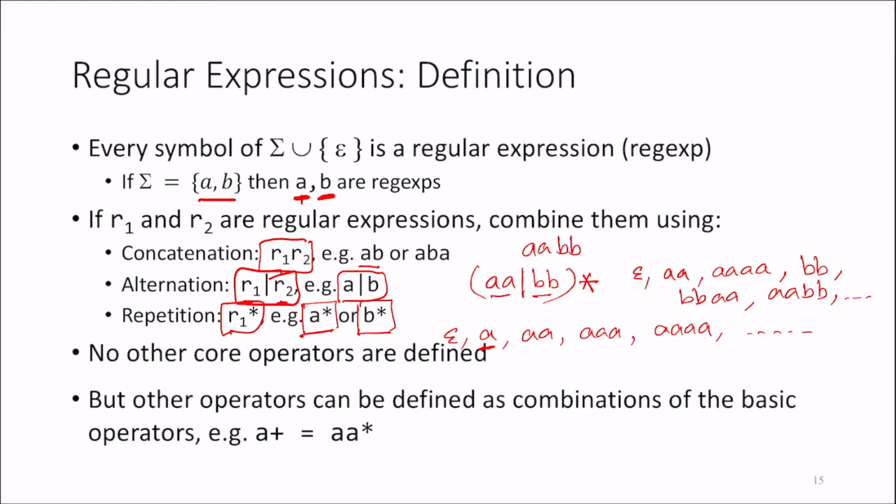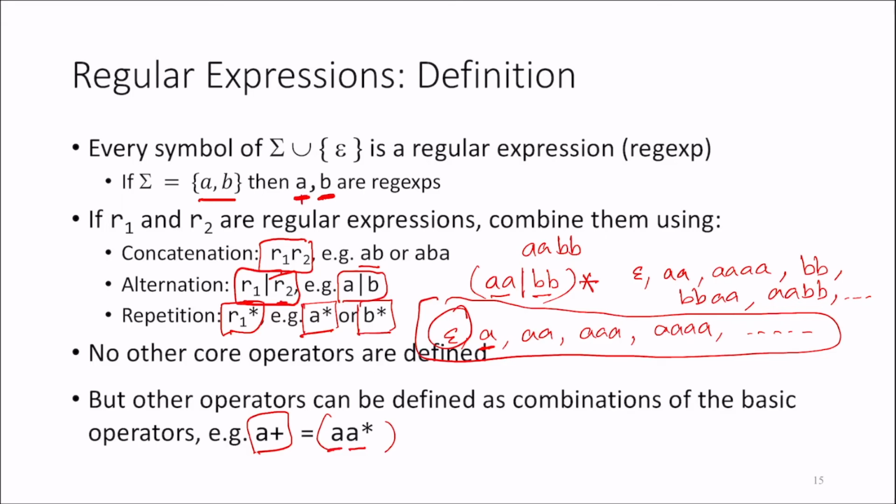For example, if I don't really want the empty string, because often it's not that useful to match the empty string when I'm writing down a pattern, then I can write down a plus, and plus just means that I have to have at least one A, and then I can have 0 or more A's after that. So A+ would correspond to almost exactly the A* sequence, except the empty string is missing, right? Because I'll have at least one A. I can't have the empty string in this case.